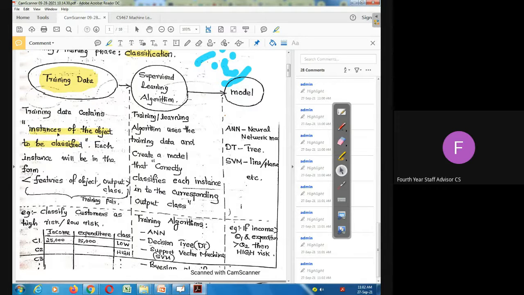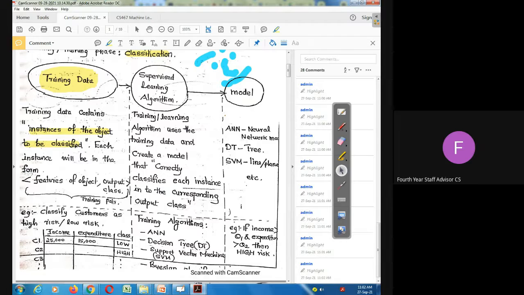Okay, so samples of the object to be classified. For example, suppose an algorithm wants to classify fruits. Okay, fruits. So there will be different types of fruits.